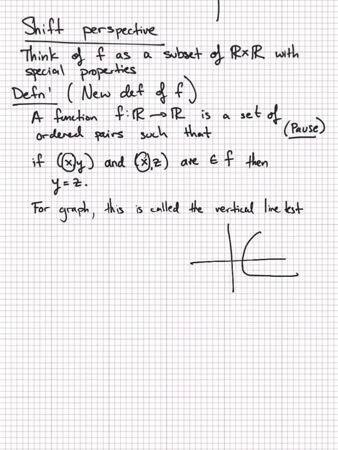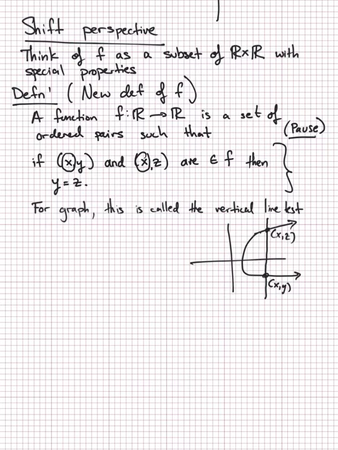If I had this graph, or alleged graph of a function, this is a perfectly good subset of R cross R, but when I draw my vertical line, I'm getting (x, y) and (x, z), and y is not equal to z here. So this failure of the vertical line test is exactly failing this condition.